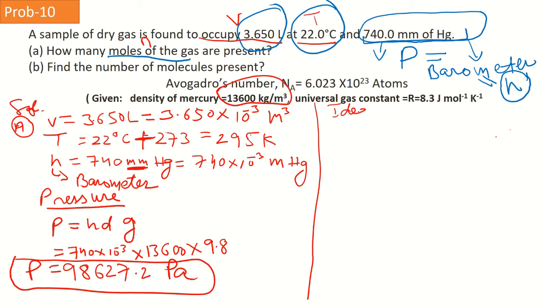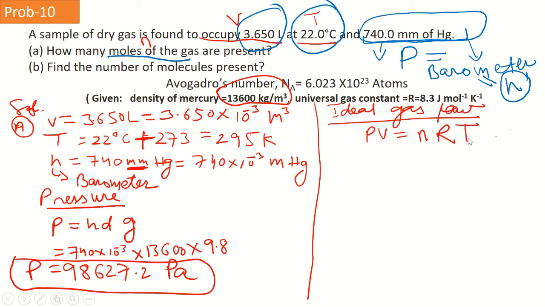So this is the ideal gas law we have to use, and the ideal gas law is PV equal to nRT. In this formula, P stands for the pressure of the gas, V is the volume of the gas, n is the number of moles, R is the gas constant, and T is the temperature.